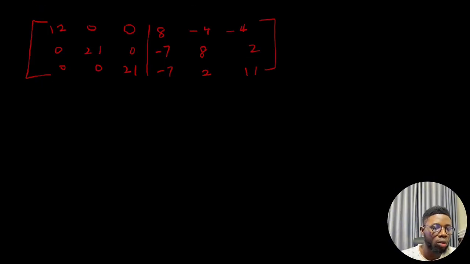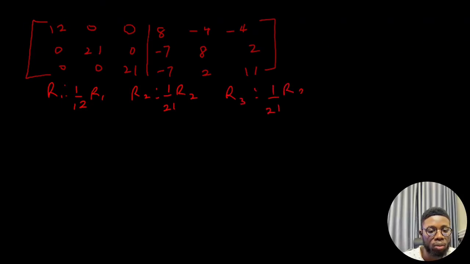So for this now, I will just perform the elementary operation. So row 1 can become 1 over 12 multiplied by row 1. Row 2 can become 1 over 21 multiplied by row 2. And row 3 can become 1 over 21 multiplied by row 3.